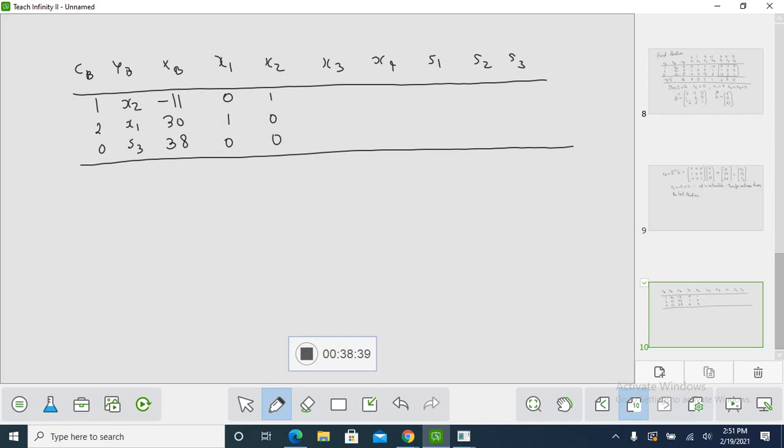What else you have here? Minus 1, 3, minus 4, then minus 2, 1, 2, then 0, 1, minus 2, my S2 will be minus 1, 2, 3, then 0, 0, 1, here my cost row is 0, 0, 0, and 2, 1, 4, 2, 1, 4, and minus 1.